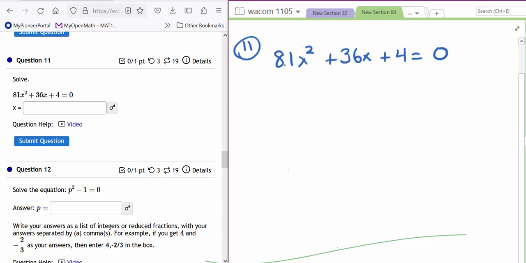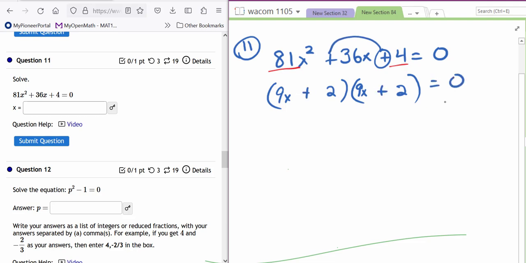You have a 0. So we have a perfect square here and a perfect square here. So most likely that works. Remember to use your square roots. So this would be a 9x, and for 4 would be a 2. Our signs, like signs, both plus.